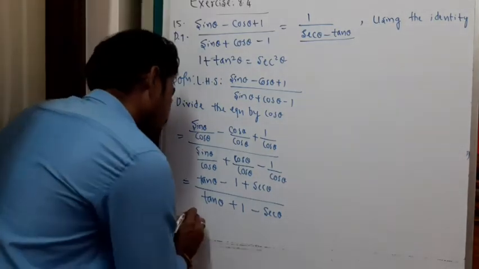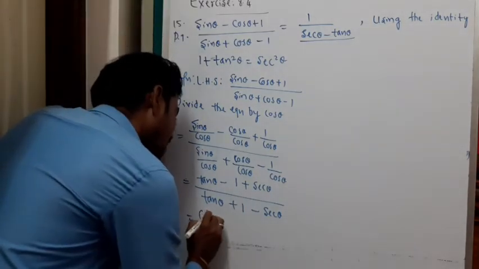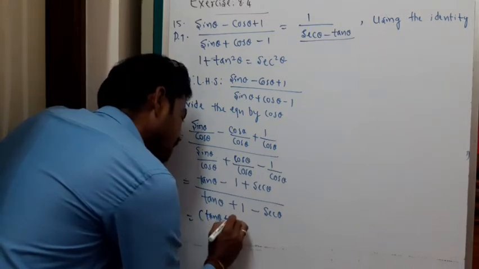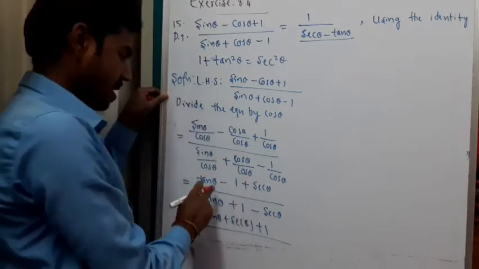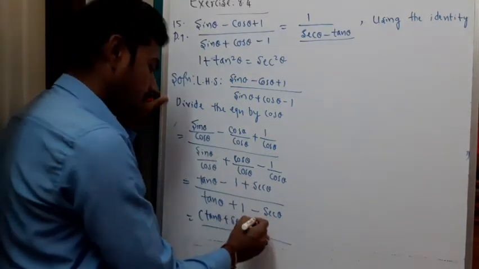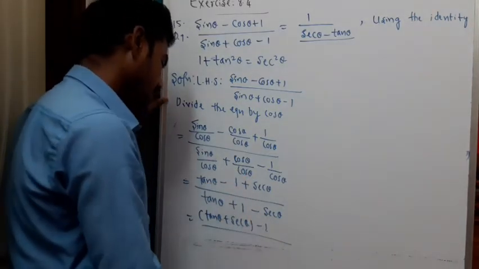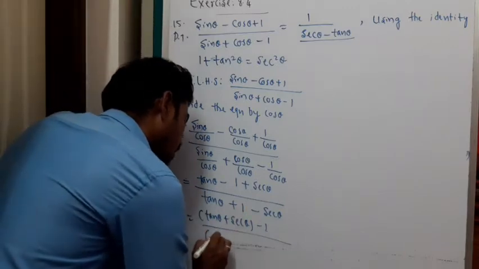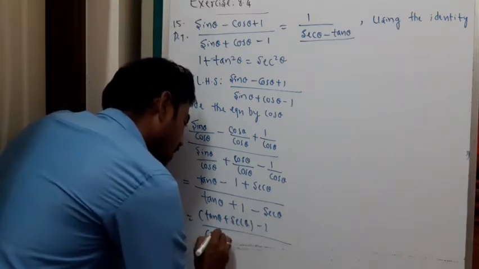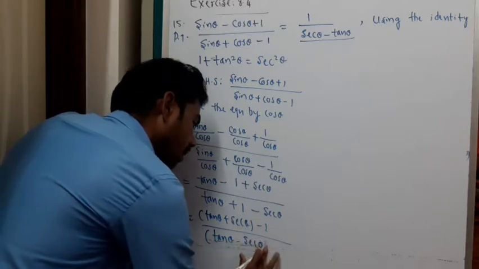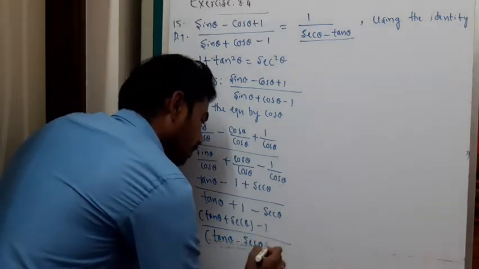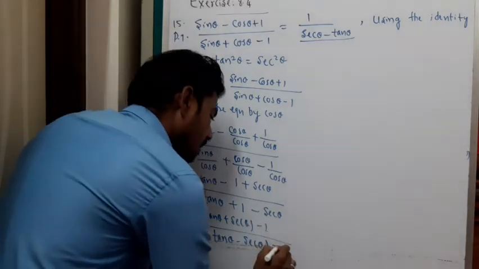Now we will rewrite this: tan theta minus 1 plus secant theta divided by, in the denominator, tan theta minus secant theta plus 1.